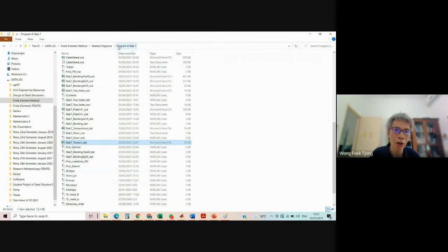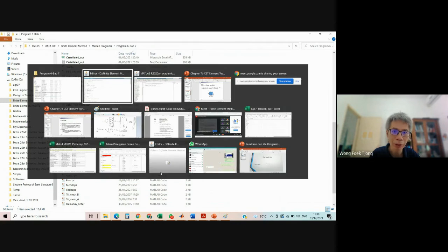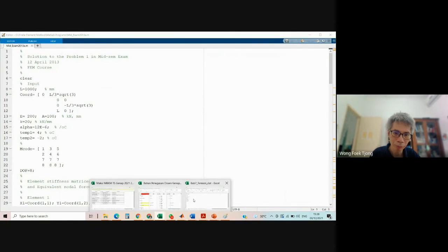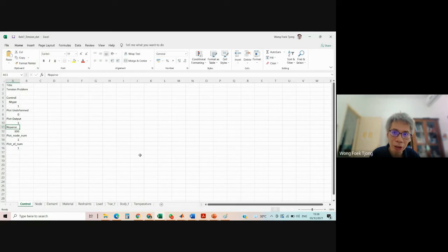The folder is called program chapter 7. So this is taken from my book. When I wrote the book, I also wrote the program. You may use the computer program given in my book. The input can be in Excel or can be in MATLAB.